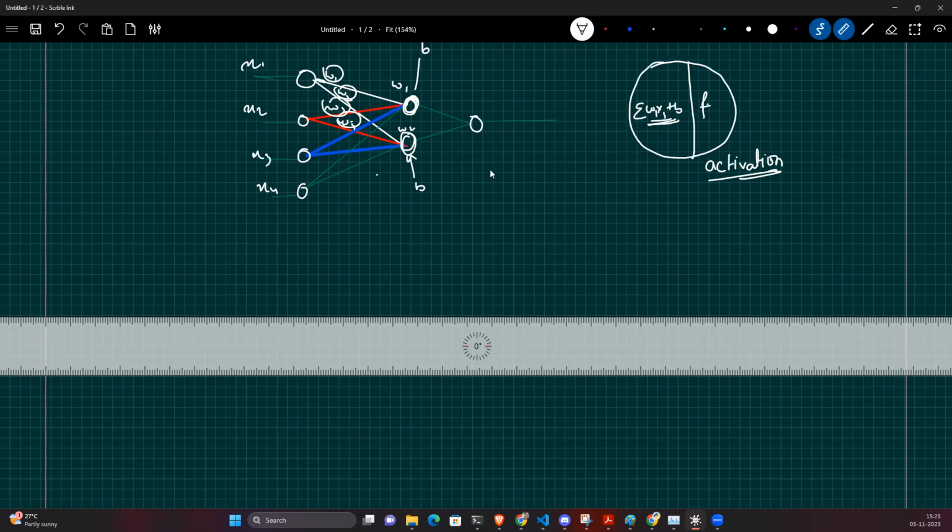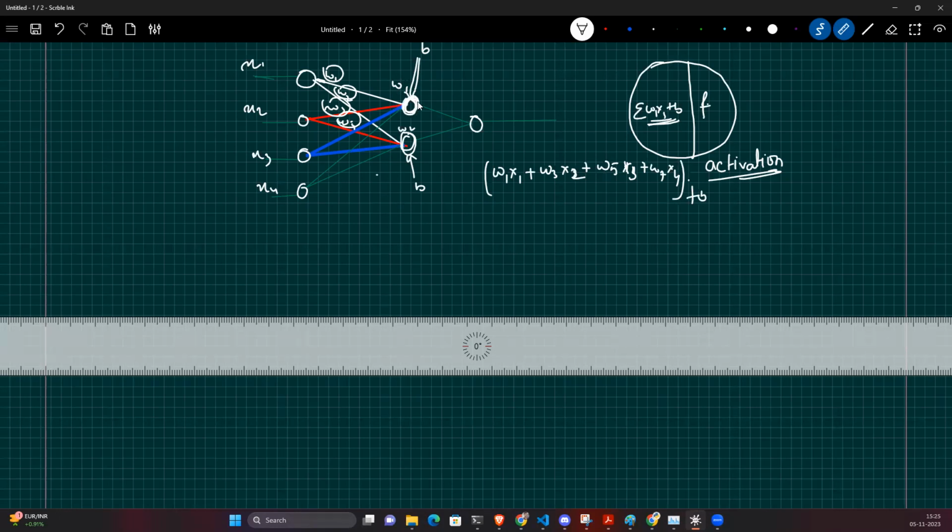So if I'm not wrong, wait a minute, it is W1 X1, W3 X2, W5 X3, and W7 X4. Plus one additional term, which is called bias. I will talk about why this bias is there. So this is going to this neuron.